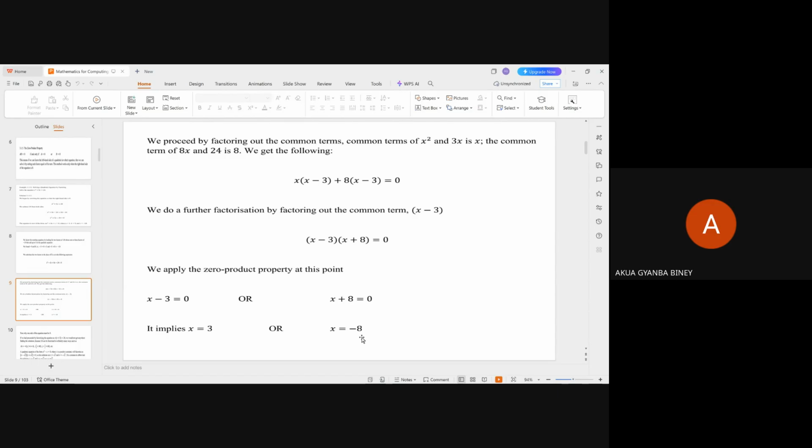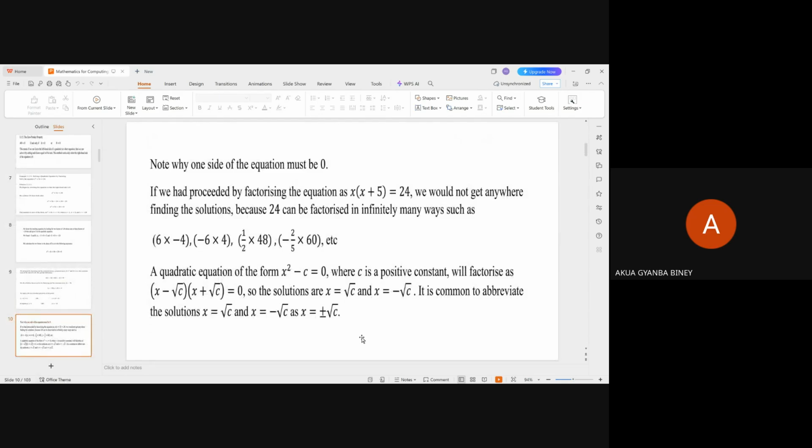This is how to solve that quadratic equation using the zero product property after factorizing. The most important thing is to find those two numbers that, when you add, you get the B, and when you multiply, you get the C.